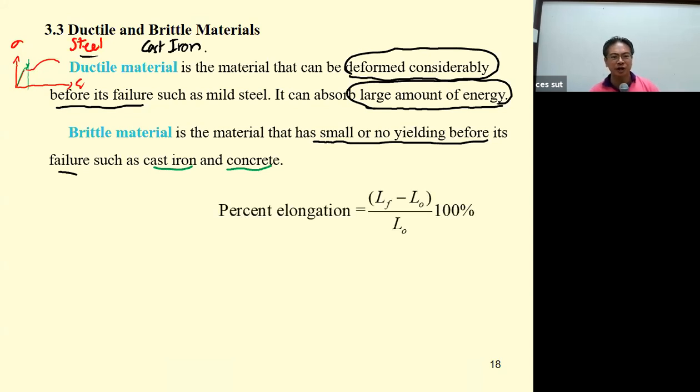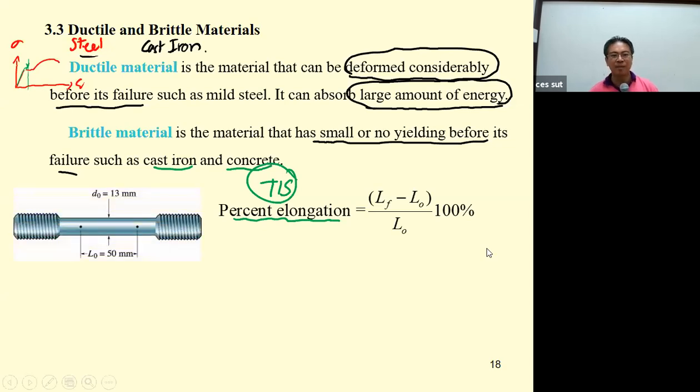How do we measure the ductility? The Thai Industrial Standard specifies the percent elongation to measure the ductility of the material.